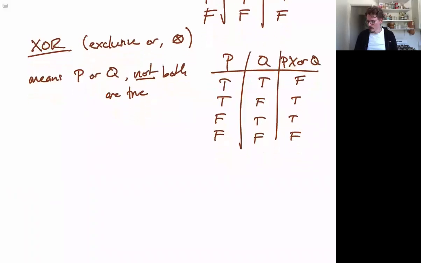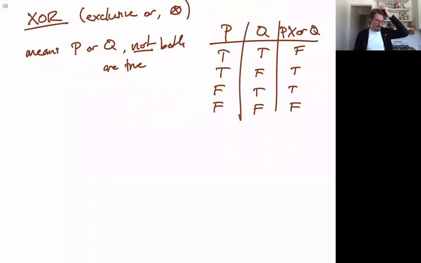So we are now moving on to the slightly trickier logical operators. Not much worse, but this next one can be a little bit confusing, but I'll say more about it in a second.